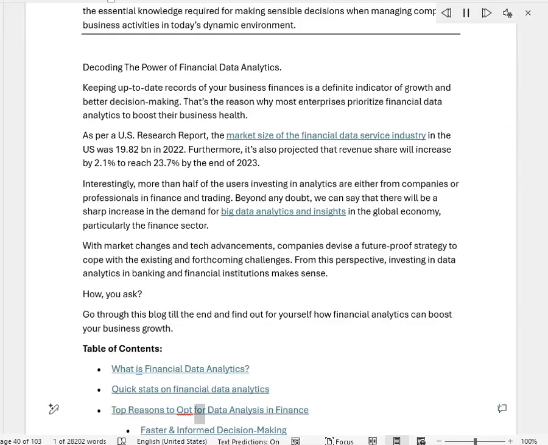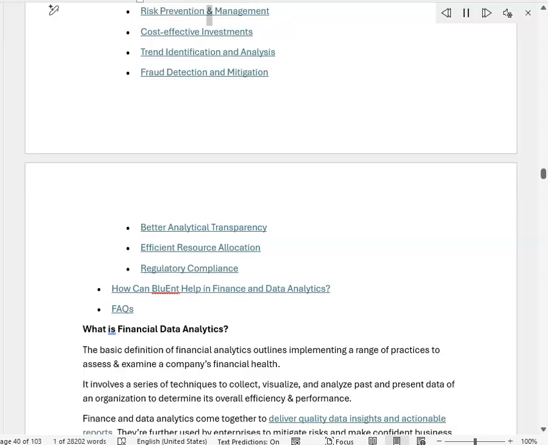Top reasons to opt for data analysis in finance: faster and informed decision-making, risk prevention and management, cost-effective investments, trend identification and analysis, fraud detection and mitigation, better analytical transparency, efficient resource allocation, and regulatory compliance. How can Blue Ant help in finance and data analytics? FAQs.